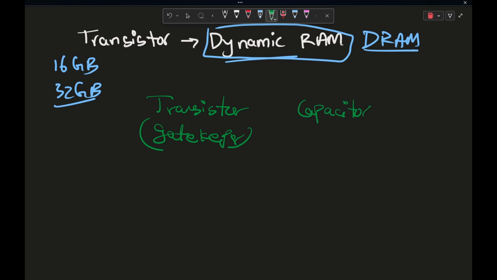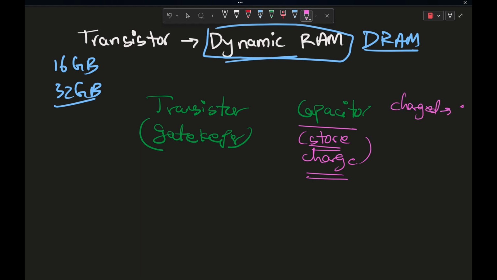Those who are from a science background would know a capacitor can store charge. So when the transistor allows charge or current to flow, the capacitor stores the charge, and when the capacitor is charged it denotes 1, and if it is not charged it denotes 0.